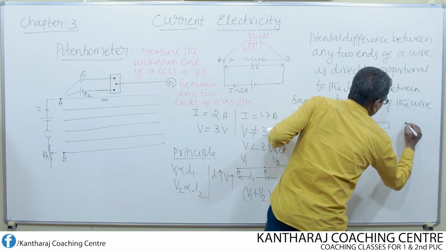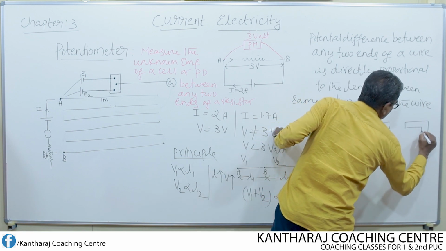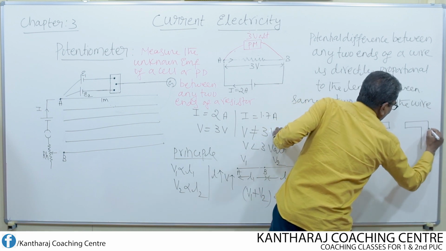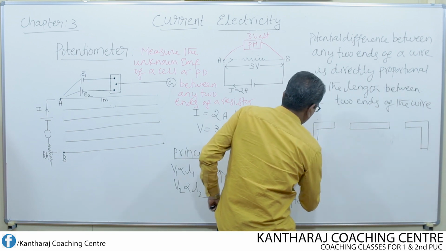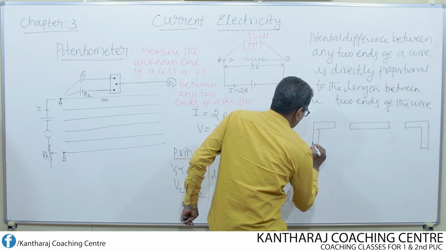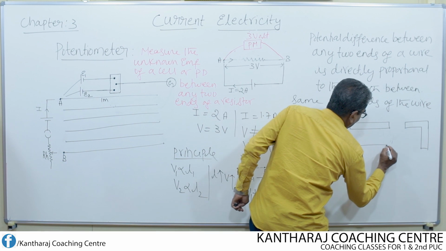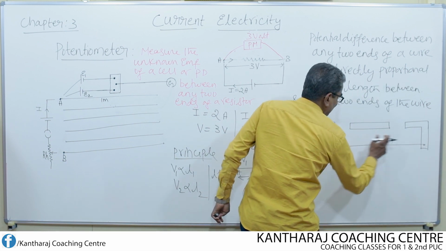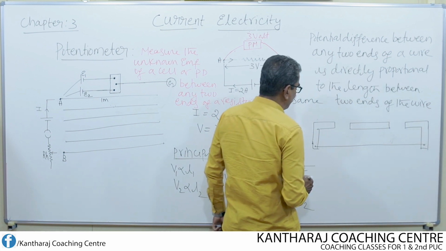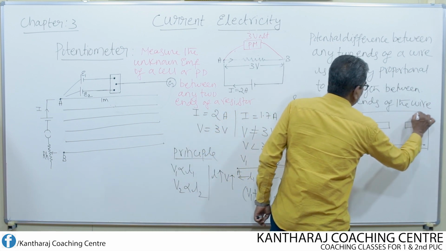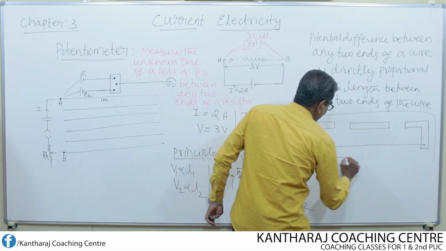L-shaped strip, one rectangular strip fixed between two L-shaped strips along with a wire of length 1 meter tied or stretched tightly between the two terminals on the L-shaped strip. The entire thing is fixed on a long wooden board.